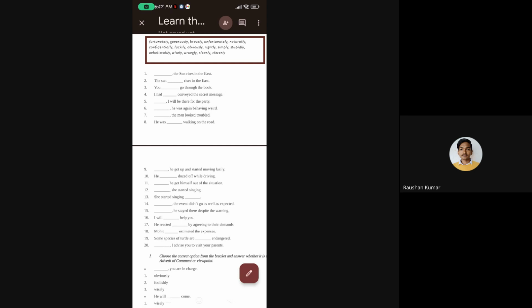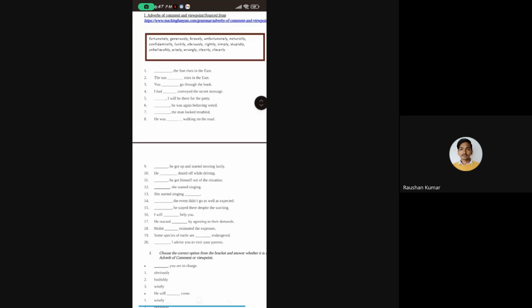No. This one also, I think you can use simply. Fortunately, he got up and started moving lazily. No. You can use simply. More neutral ones, right? Something that is obviously negative, I don't know what is fortunate about that. So use simply. He got up and started moving lazily, or you can say unbelievably. He got up and started moving lazily.